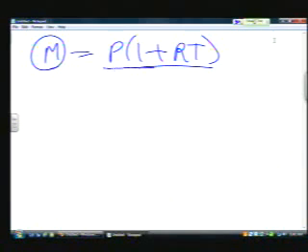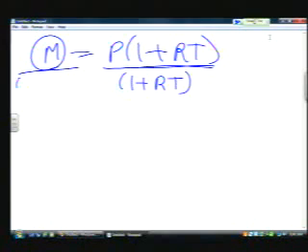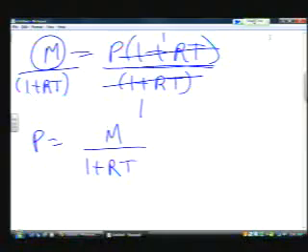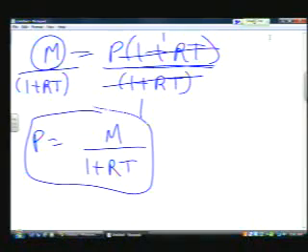Very good. Divide both sides by 1 plus RT. So you divide the left-hand side by 1 plus RT, the right-hand side by 1 plus RT. This divides out over here. Answer, principal is equal to the maturity value divided by 1 plus RT. And this formula right here, totally unnecessary to memorize. Totally unnecessary to memorize.